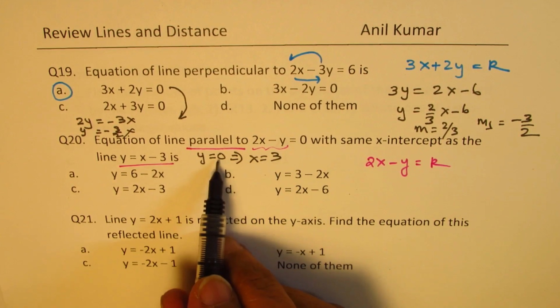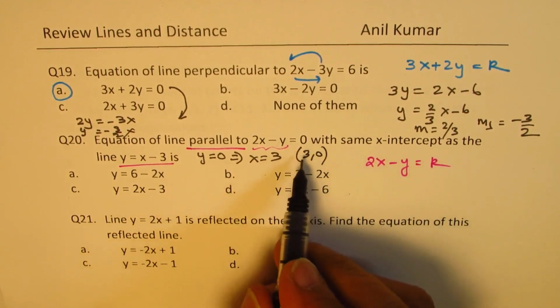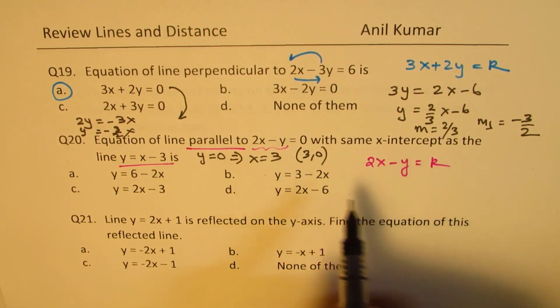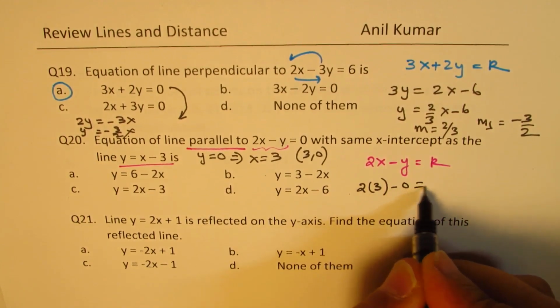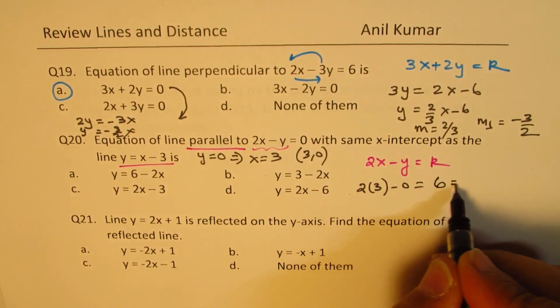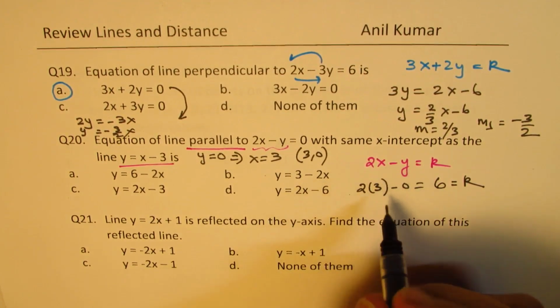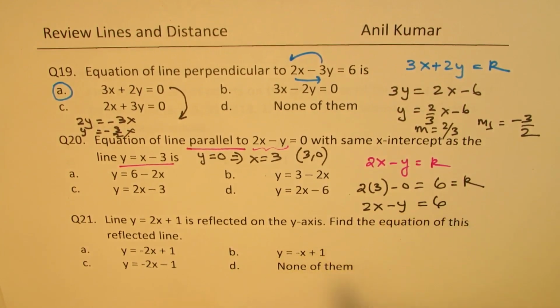So there is a point which is 3, 0. 3 is the x-intercept. Let's put this point here and find the value of k. So for x equals 3, we get 2 times 3 minus 0 equals to 6, and that is the value of k. So we get the equation as 2x minus y equals to 6.